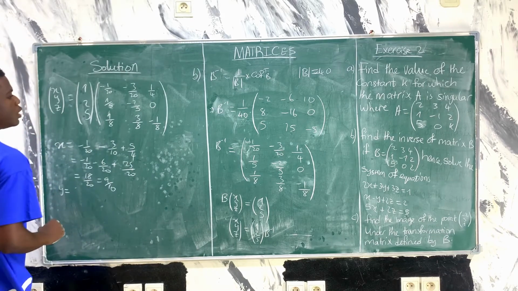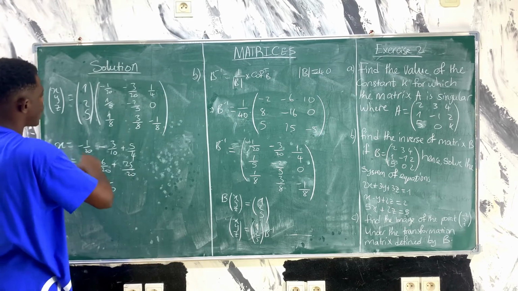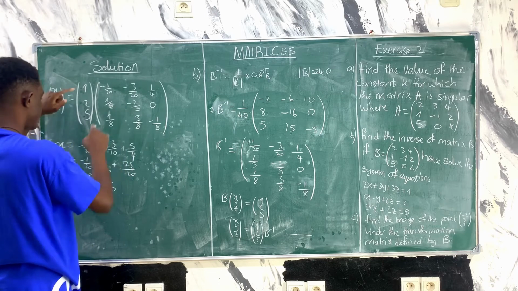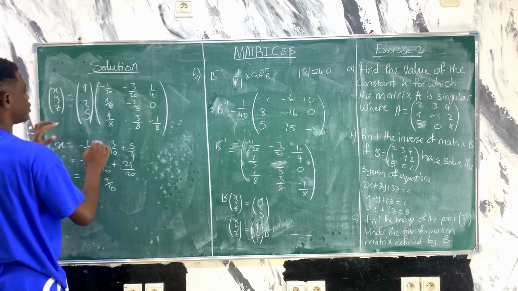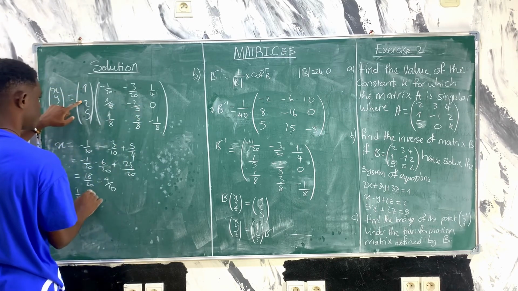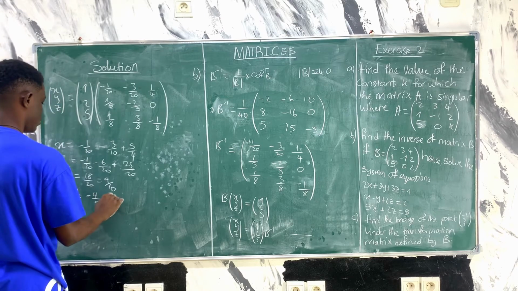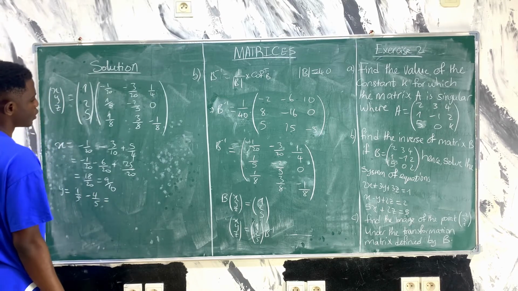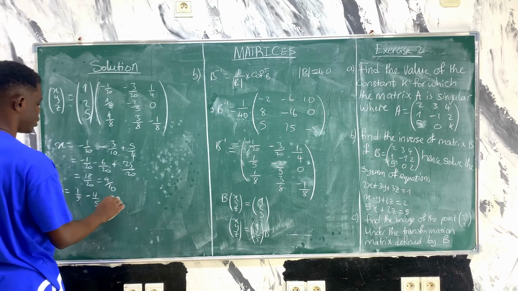So y is going to be 1 times this, 1 on 5, plus, since it's original minus, is going to be minus 4 on 5. 1 on 5 minus 4 on 5. They have the same denominator, so it's 1 minus 4 is minus 3.